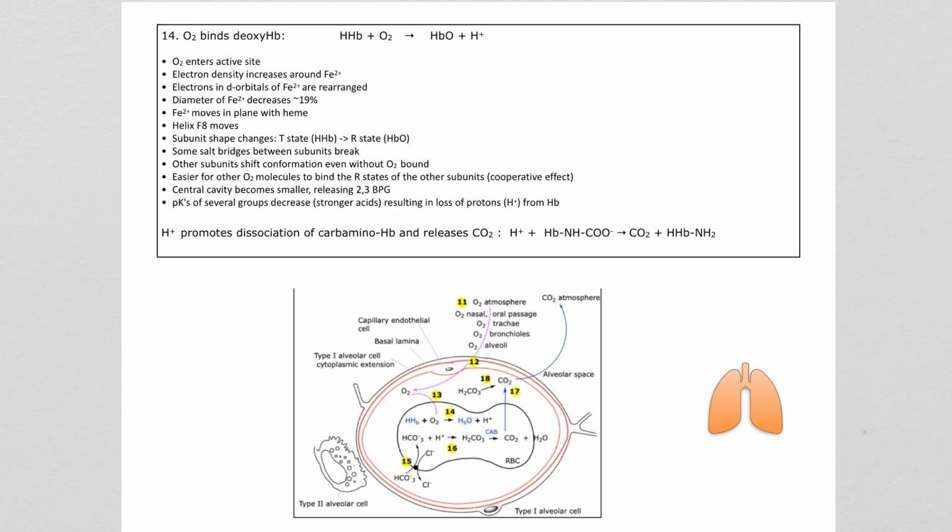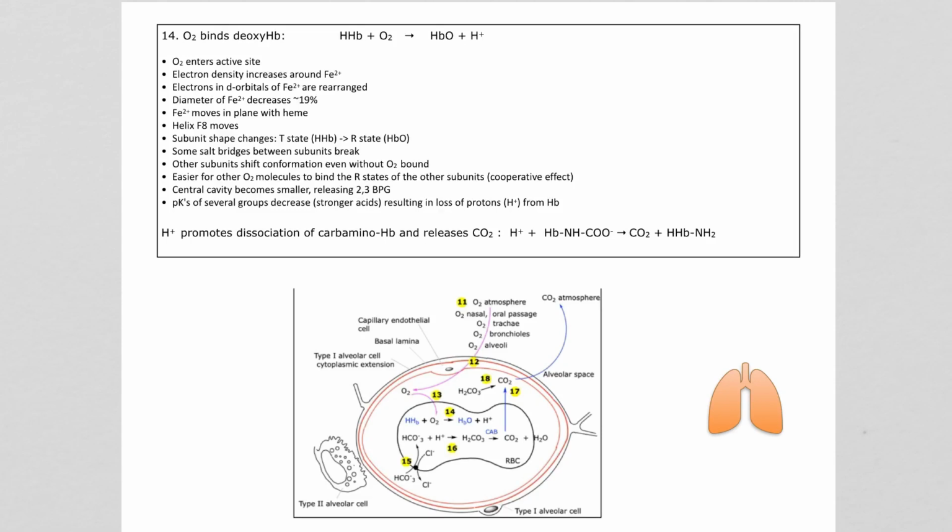And due to the change of the hemoglobin, the entire hemoglobin molecule, the microenvironment changes, and the pKs of several amino acid R groups will decrease, resulting in stronger acids, which means they will release protons. So protons are released when oxygen binds deoxyhemoglobin.